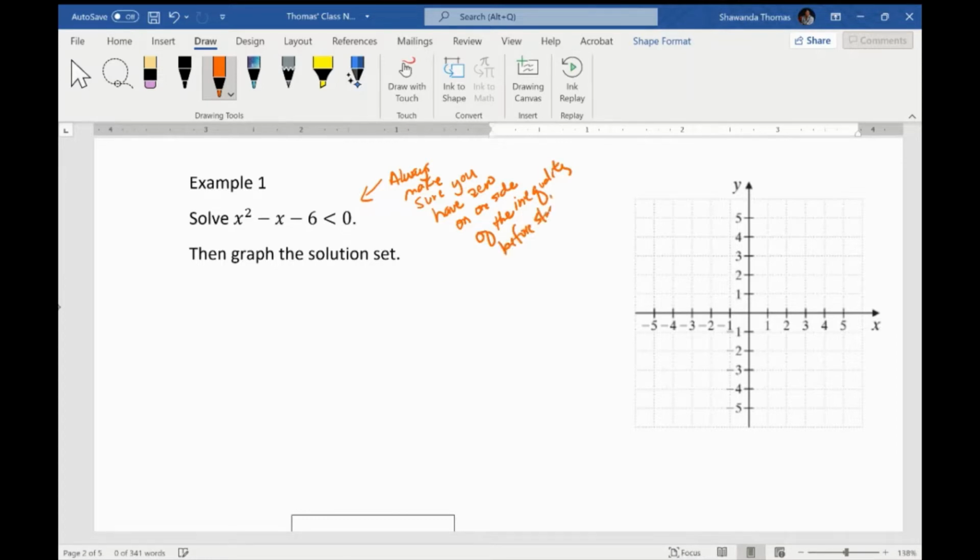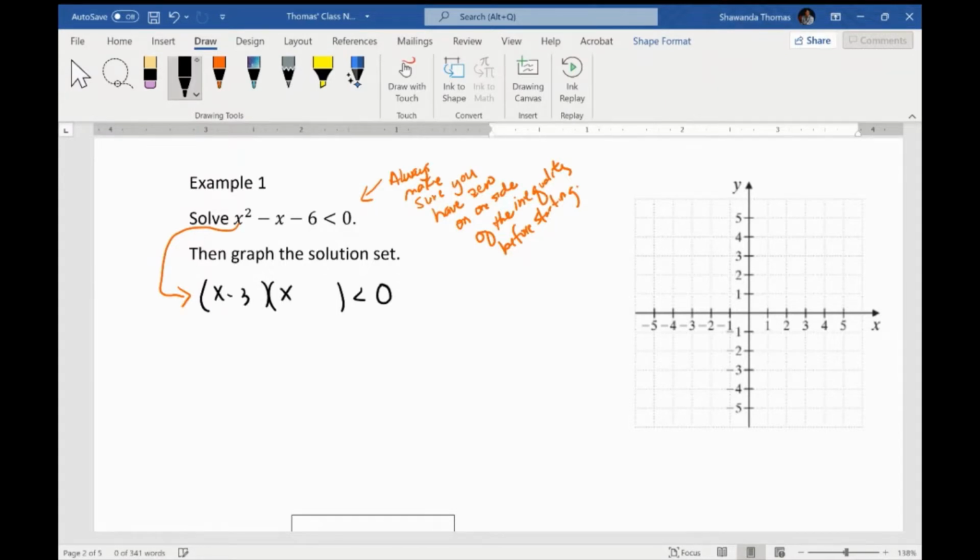And we do. What we're going to do is factor. Can someone tell me the factors for x squared minus x minus 6? x minus 3, x plus 2.